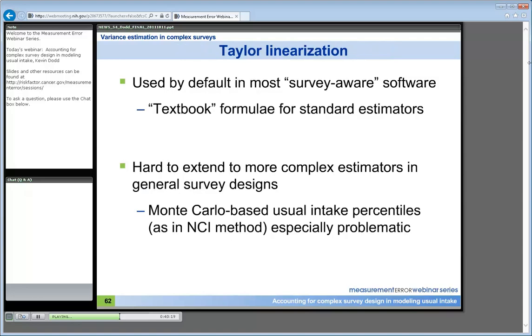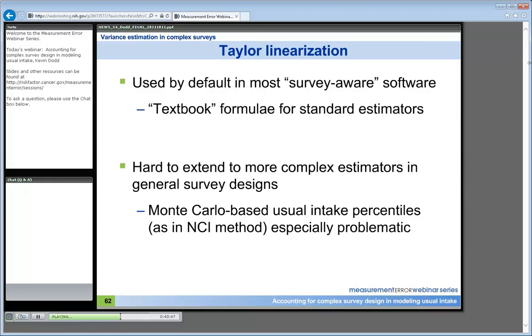This is the default approach that's implemented in most survey-aware software because it allows the use of textbook formulae to compute standard errors for estimators where someone's worked out the central limit theorem in the survey context. But for some of these new intricate estimators that we've been describing in previous webinars, where measurement error models are used to estimate usual intake distributions, these textbook formulae don't exist, at least not yet.